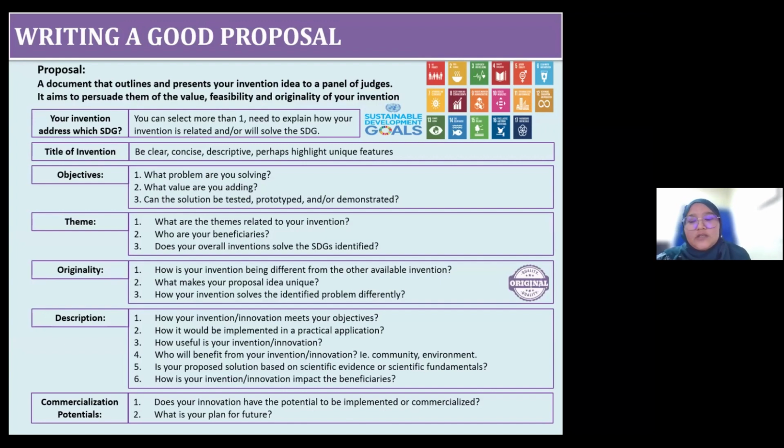So next, we're going to look through a few proposals that were already submitted to us previously, and see how those students prepared their proposals.